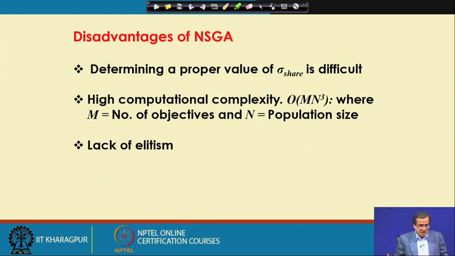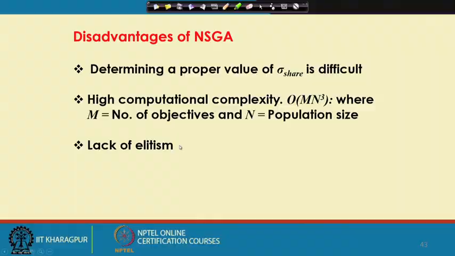And moreover, in this NSGA, the concept of elitism was not used. Now, I have already discussed the concept of elitism: if I get a good solution, I will have a direct copy of this good solution in the next population, and that means the already found good solution we do not want to lose.